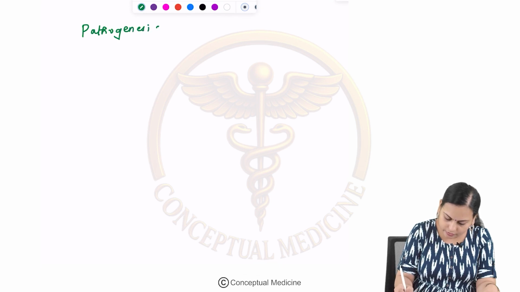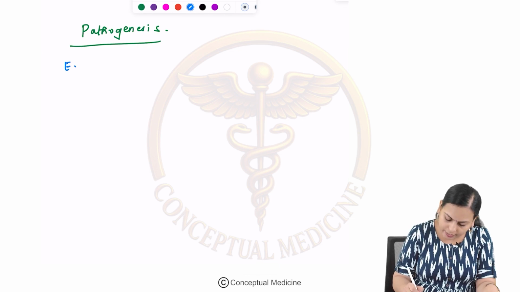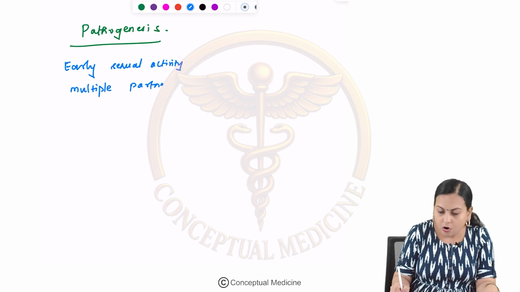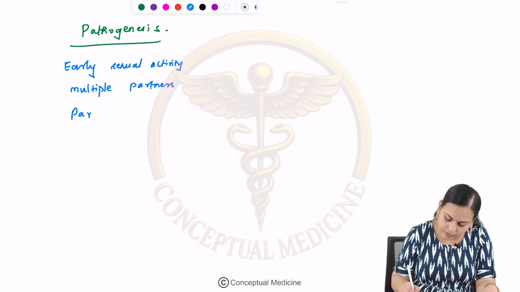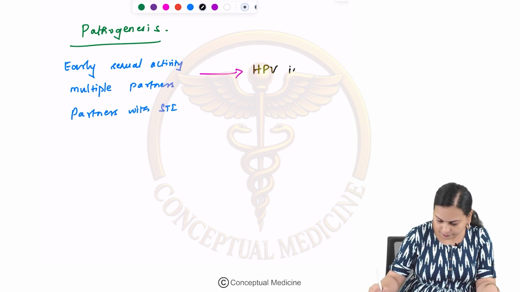Now, let us discuss how the pathogenesis will happen. Whenever there is early sexual activity, or multiple partners, or partners with STI, HPV infection will occur.